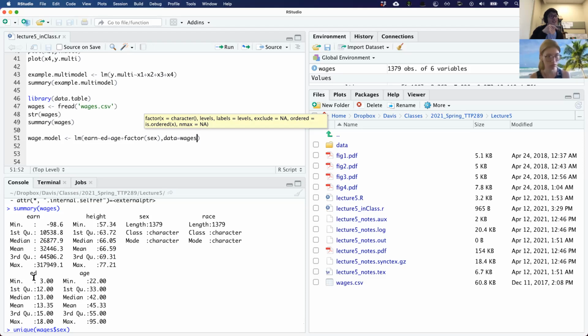This form of education is not as I was describing before, where you have categories like high school degree, college degree. This is just years of education. Because it's structured that way, we can treat it as a continuous variable as opposed to a categorical variable.